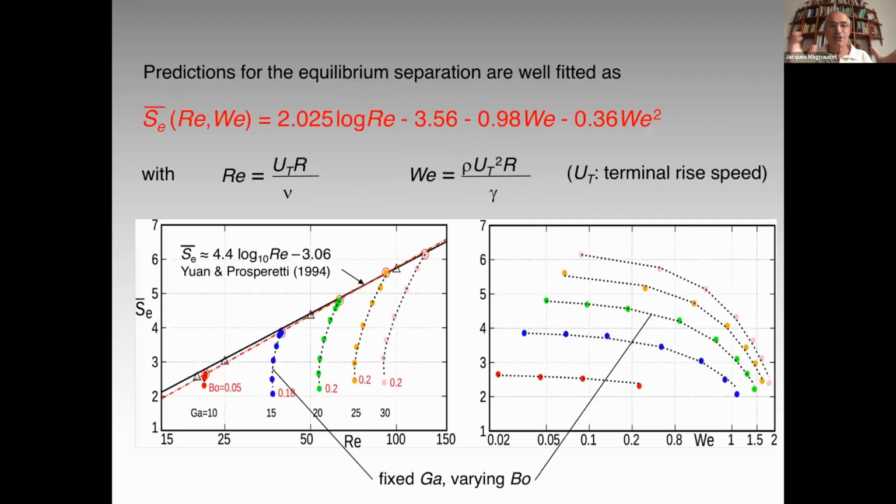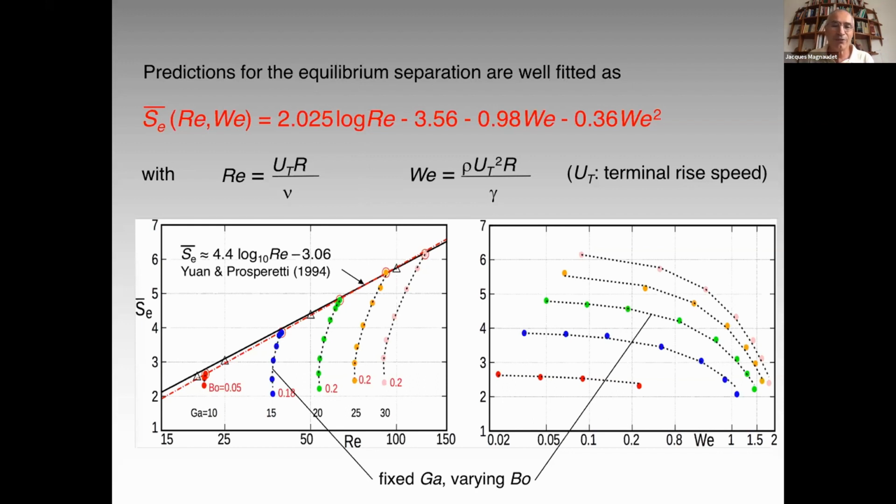So here is a summary of the results regarding the final separation as a function of the Reynolds number on the left and of the Weber number on the right. And all these results may be encapsulated within the correlation in red here. That is, the final separation is found to increase with the logarithm of the Reynolds number and to decrease with the Weber number, as I said.